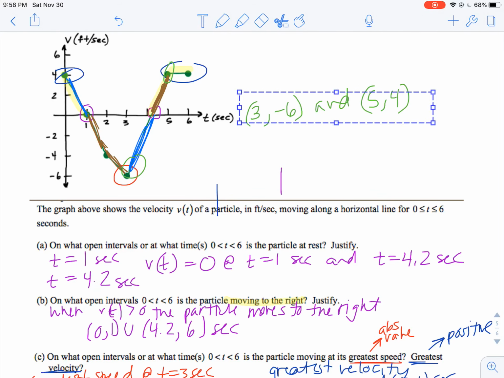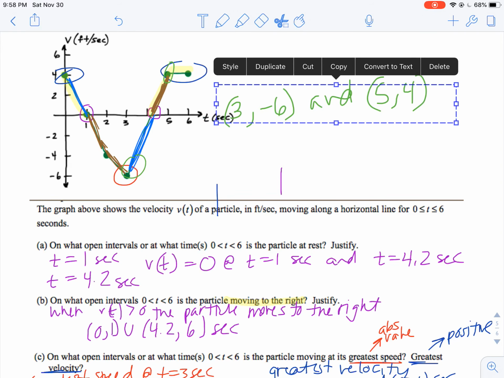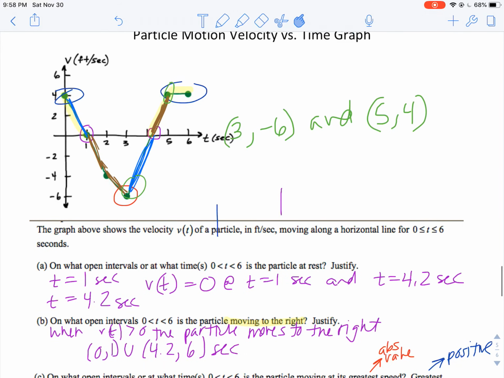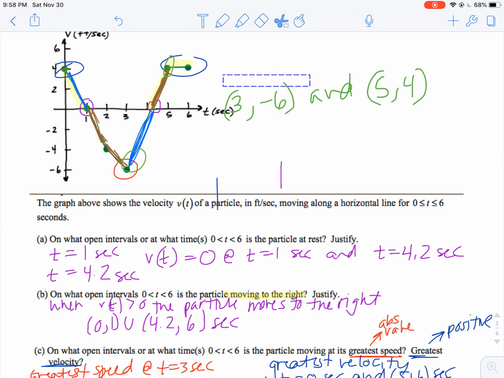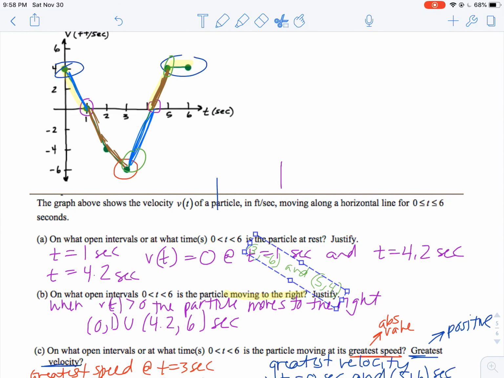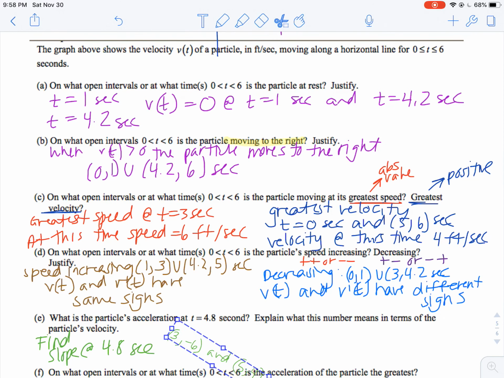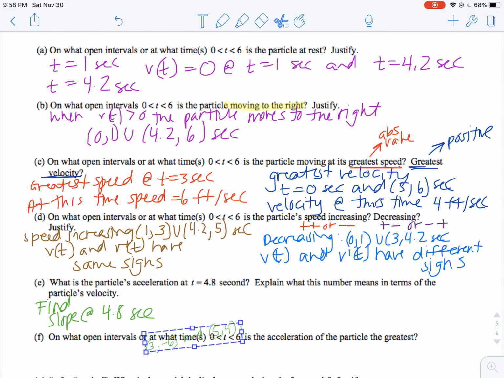All right, so here's our points. I'm trying to move them. Oh, there we go. Now they're sideways. Okay, there we go. Super tiny, but at least we have them there.